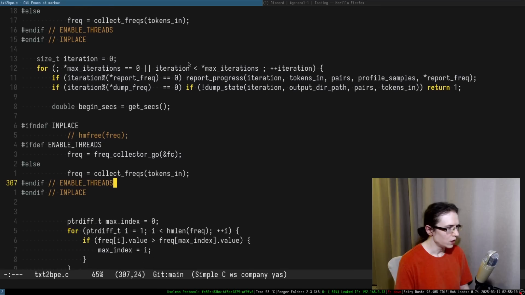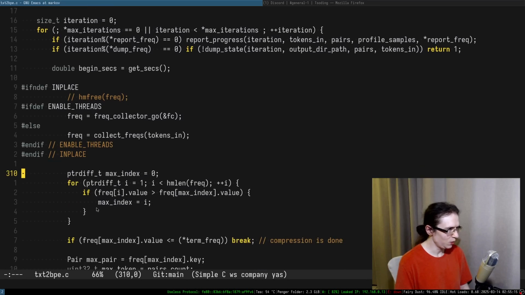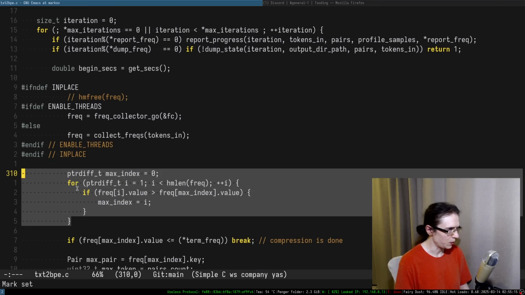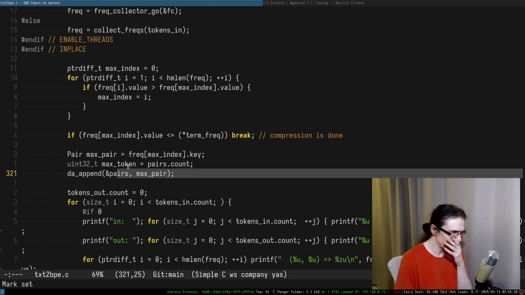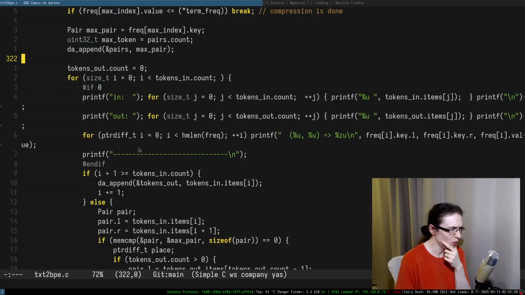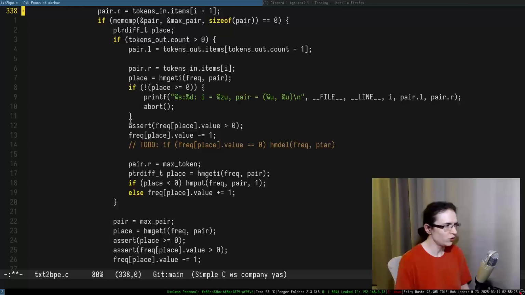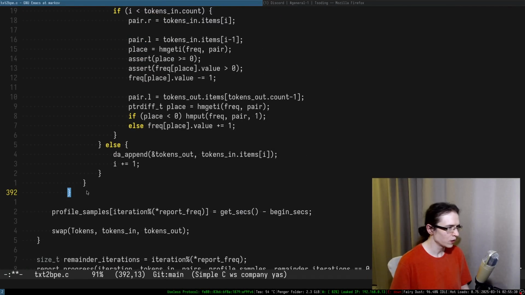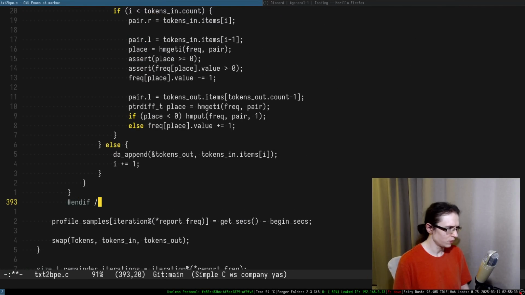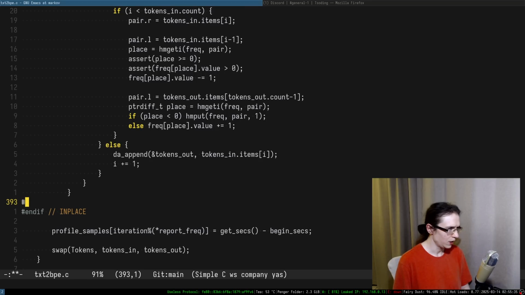There we go. This part is the same regardless of whether we're doing multi-threaded or in place. So if defined in place, we do that. Otherwise, we have to do something else. So this is going to be endif, and this one is going to be else for in place.